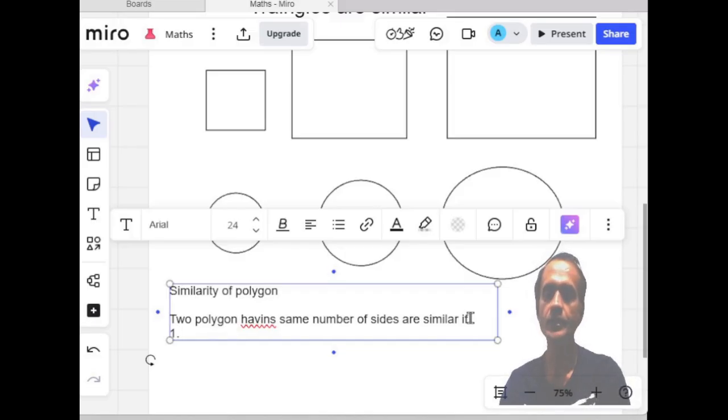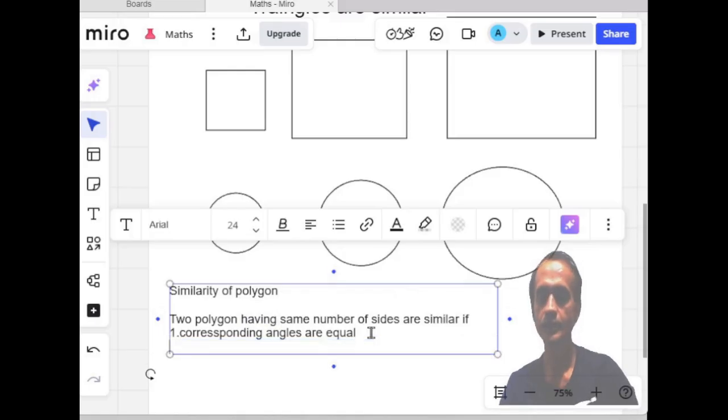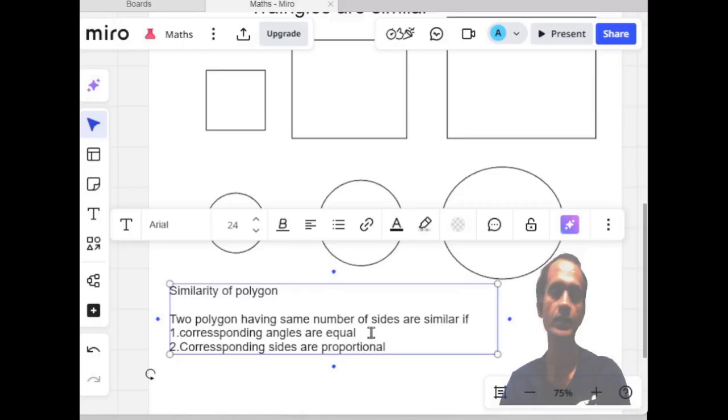First, corresponding angles are equal. And second, corresponding sides are proportional. We are not saying equal. What should be equal is the corresponding angles, and corresponding sides should be proportional.